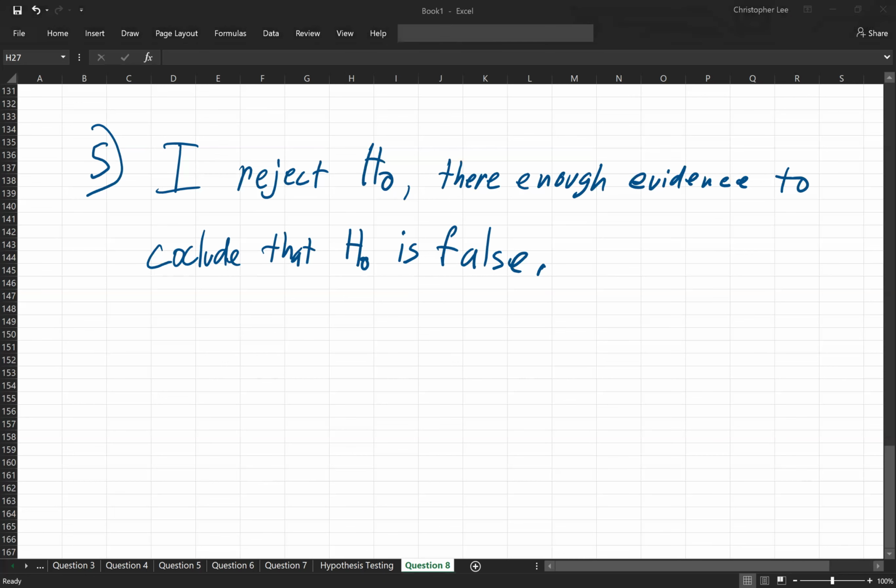But real quick, let me show y'all something. I don't know about y'all, but I have trouble sometimes making the decision of when to reject and when not to reject. So what I like to do is go back to the original guy that came up with it. I'm gonna show you a picture of him. He helps me to know when to reject and when not to reject.